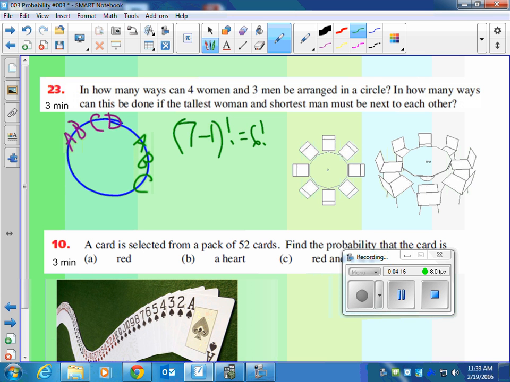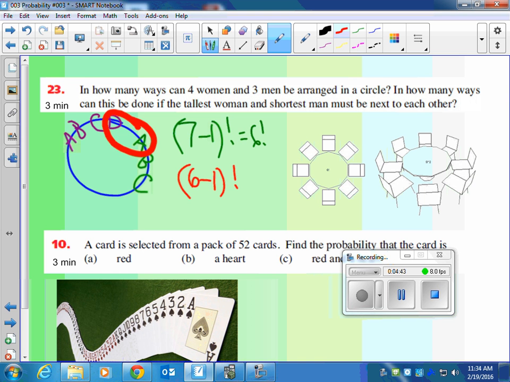Okay. Then it says, how many ways can this be done if the tallest woman and the shortest man have to sit next to each other? Okay. So I look at it this way. How many units are there now? There's 1, 2, 3, 4, 5, 6 units. And so then it's just going to be 6 minus 1 factorial.